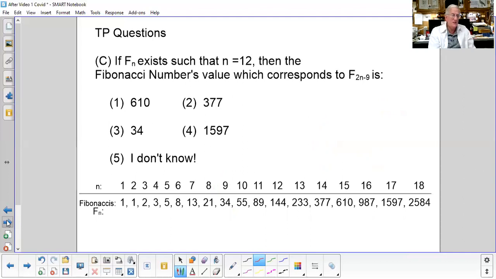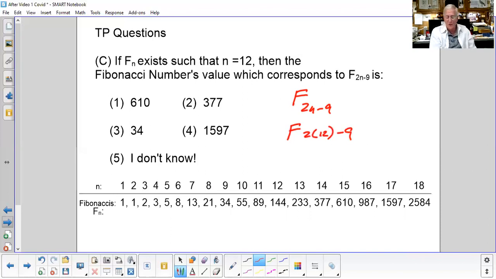If f sub n exists such that n is 12, then the Fibonacci number's value, which corresponds to f sub 2n minus 9, is what? Well, for f sub 2n minus 9, I've got to put the 12 in there for n. So 2 times 12 is what? 24.